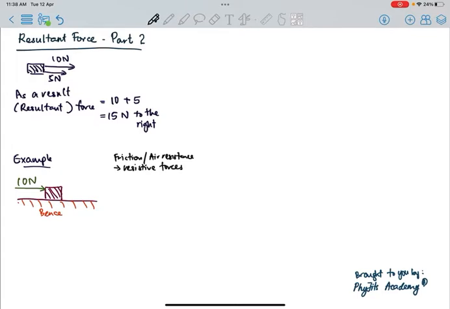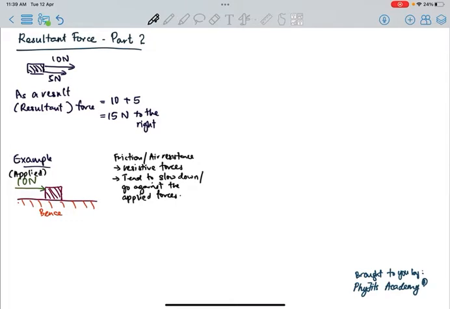Why are they resistive forces? They always tend to either slow down or go against the applied forces. So in our case, the applied force is the 10 Newton.